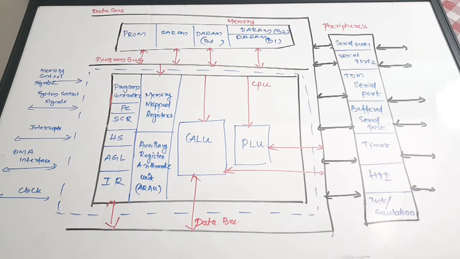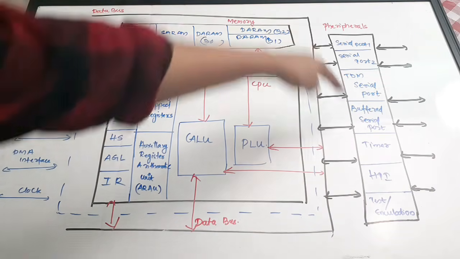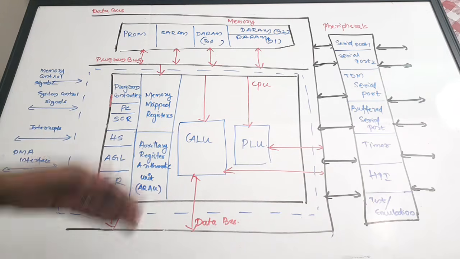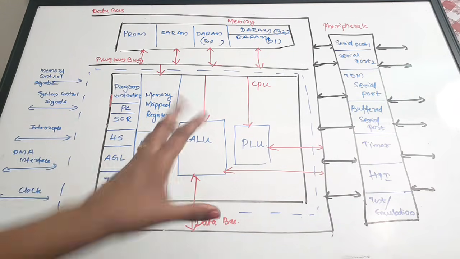So we have already discussed the clock generation unit, and the clock will be generated and divided by the PLL. The desired clock frequency will be given to the CPU. Okay, so these are the external signals connected, and there is a program bus and a data bus. Okay, and these elements are also connected to the program and data bus. See, arrows are marked.